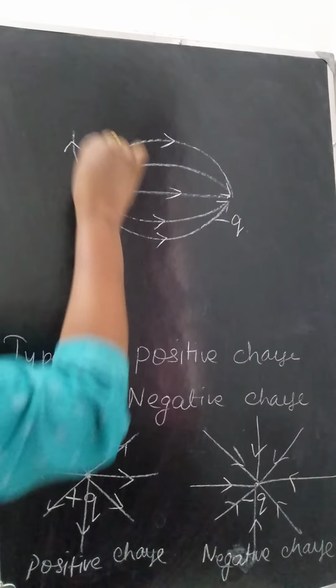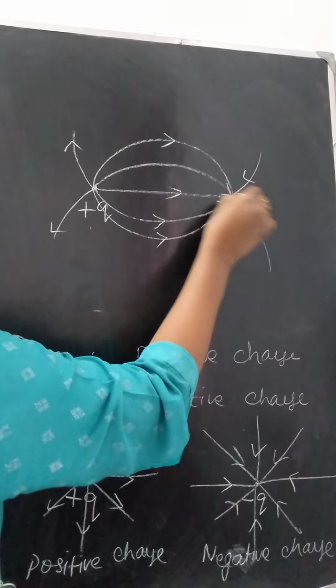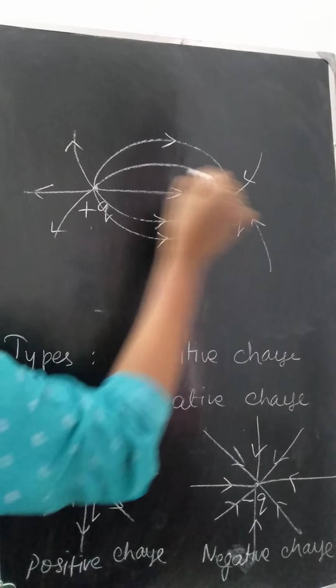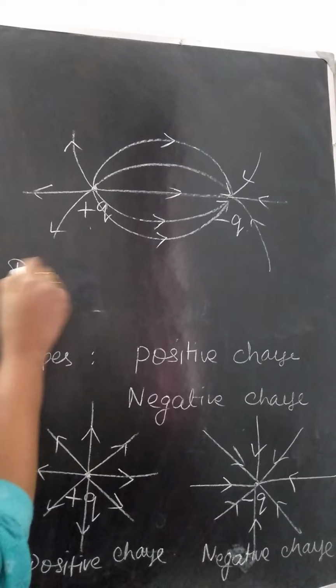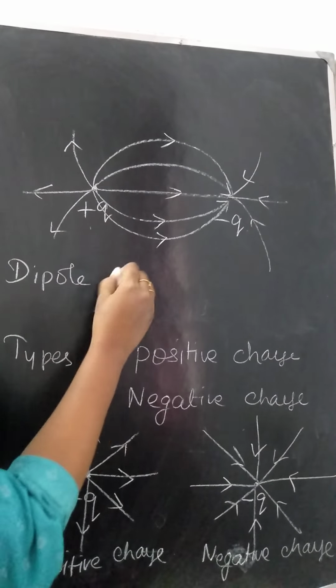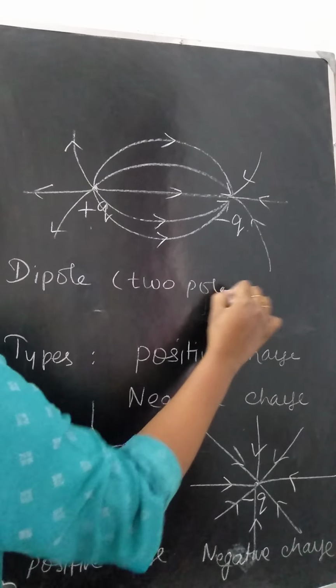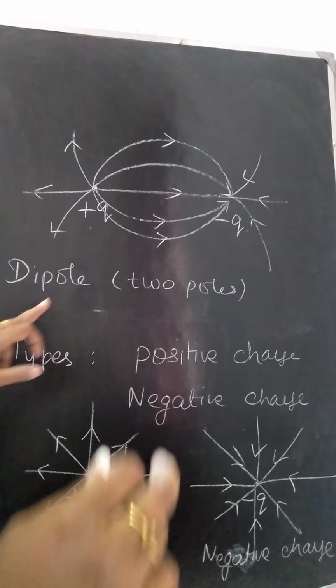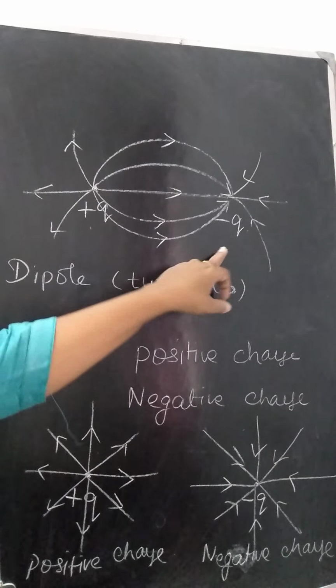Just now, this is known as dipole. What does di mean? Di. What does di mean? 2. Okay. Tri means 3, di means 2. So 2 poles are kept. One is positive, another one is negative.